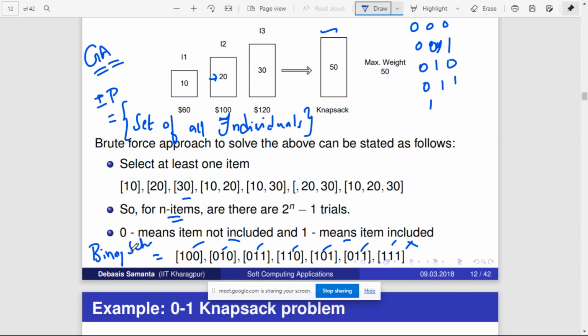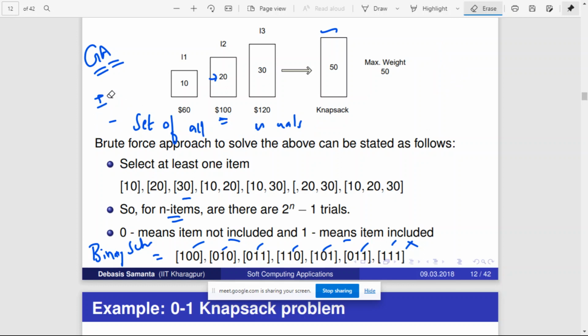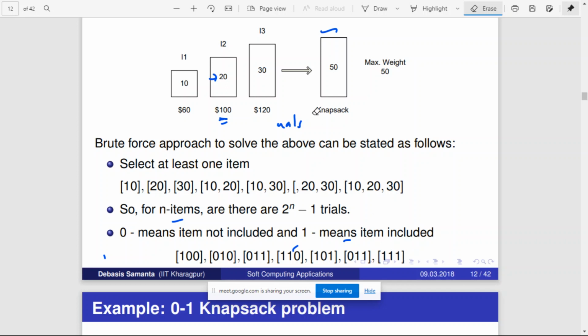Is this clear? If there are 4 items, then how many solutions are possible? 15 possible solutions.